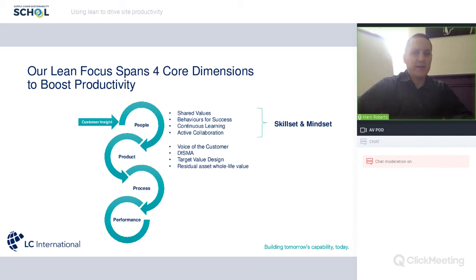So we're then tapping into bringing that voice of the customer into the design of our product, and looking at different ways of working in terms of design for safety, manufacture and assembly, really critiquing, ensuring that we've got a robust product that is easy to construct or optimize for construction, but also will deliver what we want in that life cycle of the building or the product in hand.